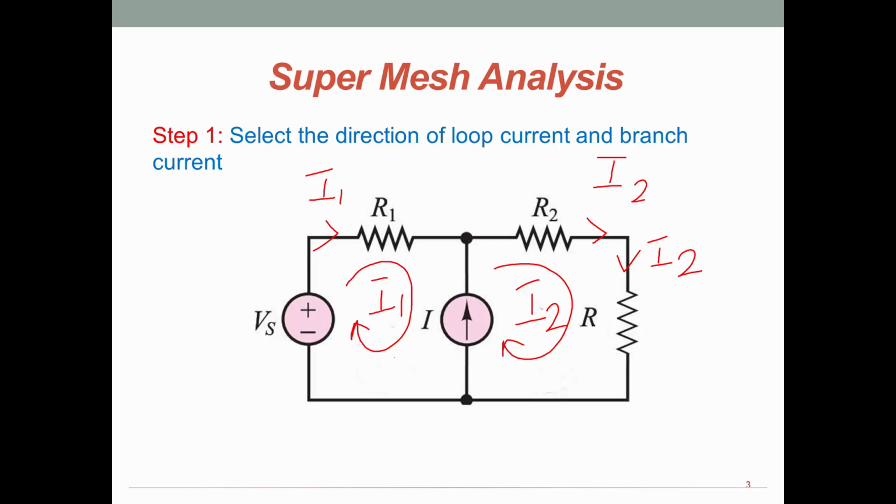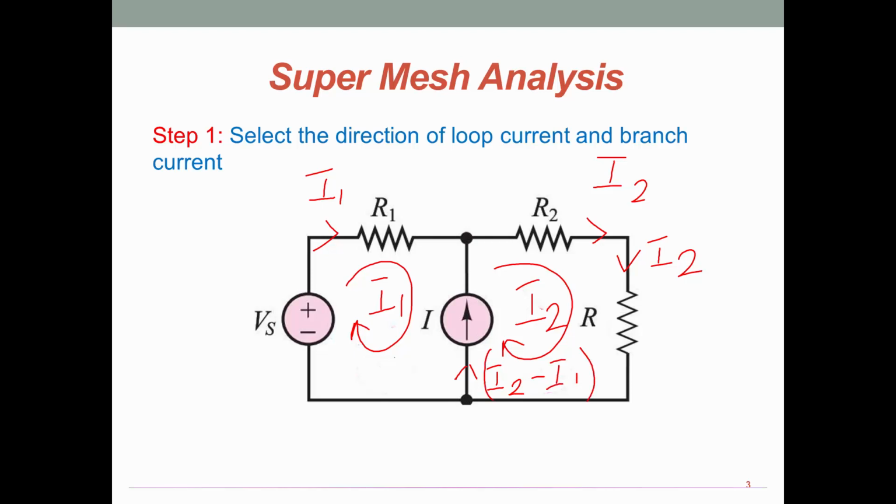Then I have a current source, and I want to represent this current in terms of loop currents I1 and I2. Now look at the direction of the current source, upward direction, which is in the direction of loop 2 current I2. So you are supposed to choose this branch current in the upward direction, I2 minus I1.